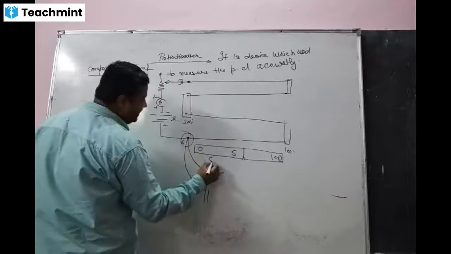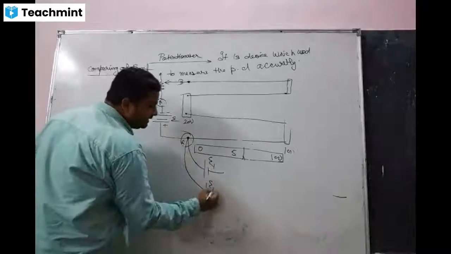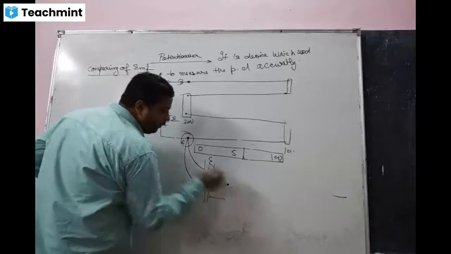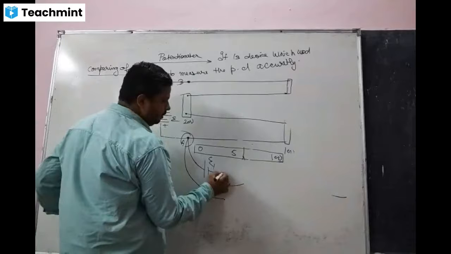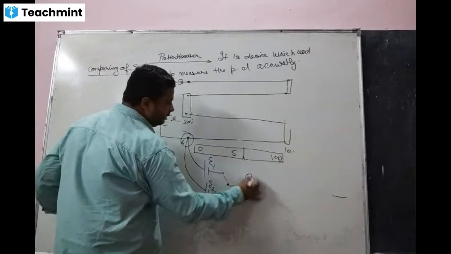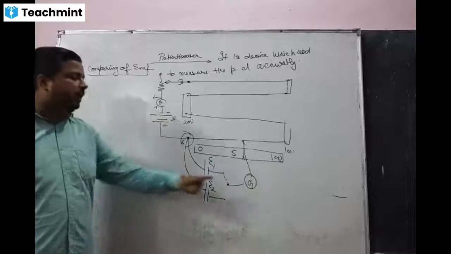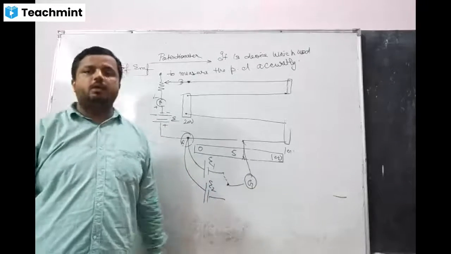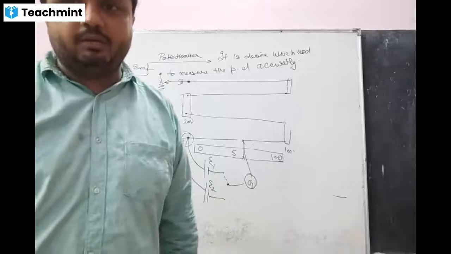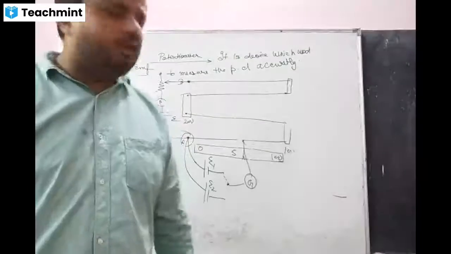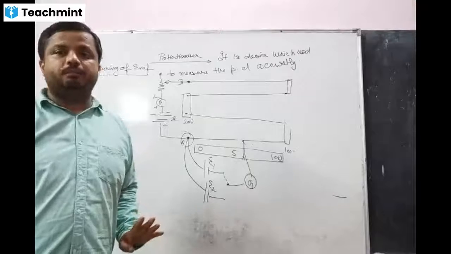The value of this battery is E1 and the second is E2. Here we put a galvanometer. A galvanometer is a device which is used to detect the current.